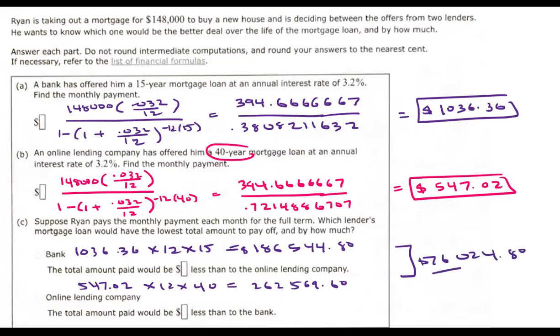So you're paying an extra $76,000 to get this 40-year mortgage. Okay. So the bank one is going to be the lowest to pay off overall, right? By this much money, by the $76,000.